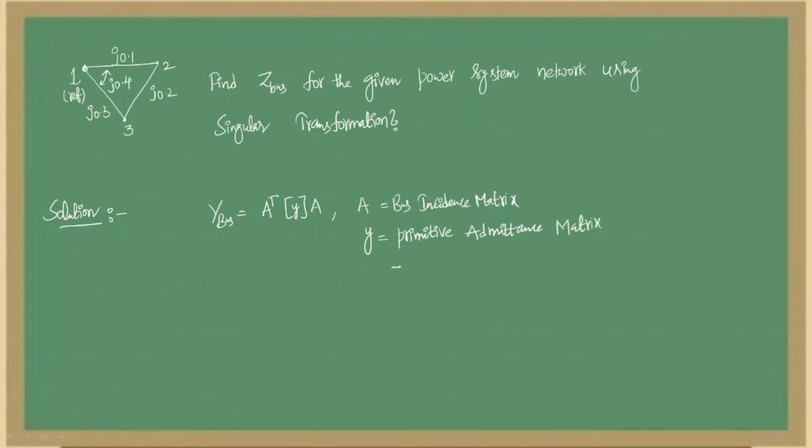So y can be written as Z inverse, where Z is the primitive impedance matrix. If you take the inverse of this primitive impedance matrix, you will get the primitive admittance matrix.